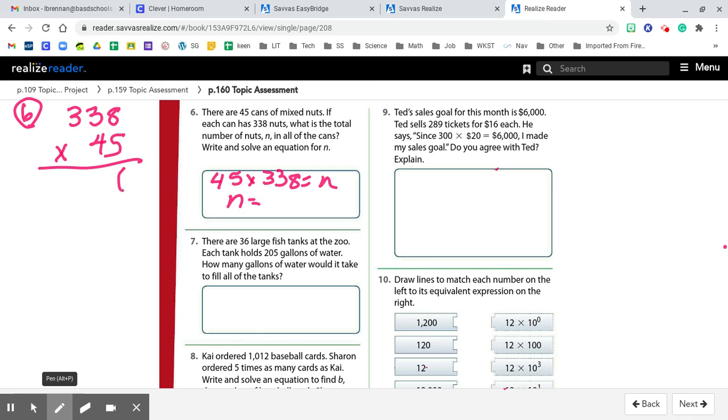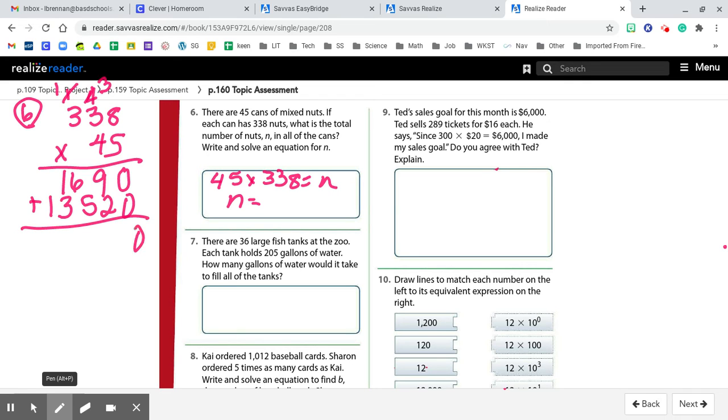8 times 5 is 40, carry the 4. 5 times 3 is 15, plus 4 is 19, carry the 1. 5 times 3 is 15, plus 1 is 16, so that's your first partial product. 40 times 8, 4 times 8 is 32. Remember I said you could cross those out if that makes it easier for you. 4 times 8 is 32, put the 2 down, carry the 3. 4 times 3 is 12, plus 3 is 15, carry the 1. 4 times 3 is 12, plus 1 is 13.